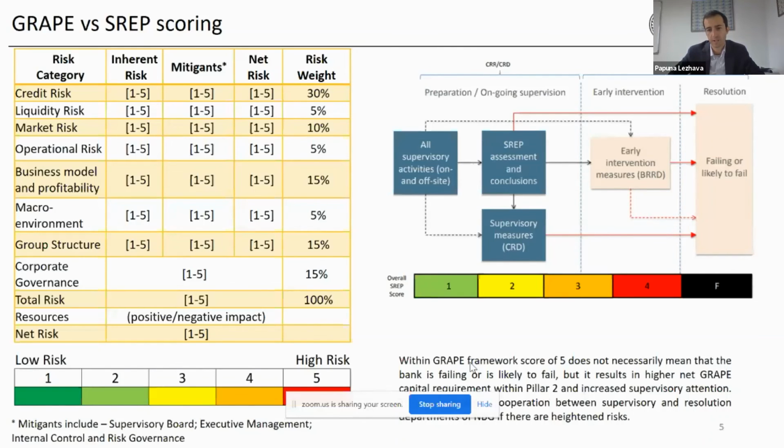For example, for the credit risk, if we have a 5 assessment in the mitigants, this will damage the credit risk score significantly. So it's not only the corporate governance score we assign for the corporate governance section, but if the risk governance is poor in each of the risks, for example, credit risk, operational, this bank will also receive a low score in that particular risk.